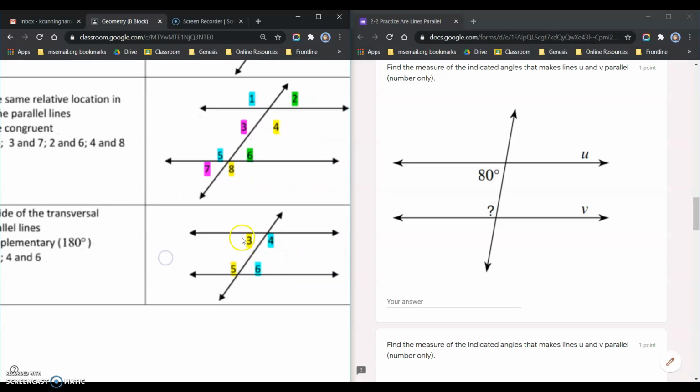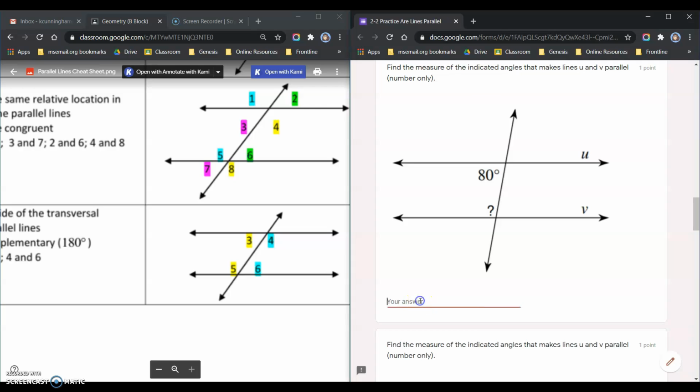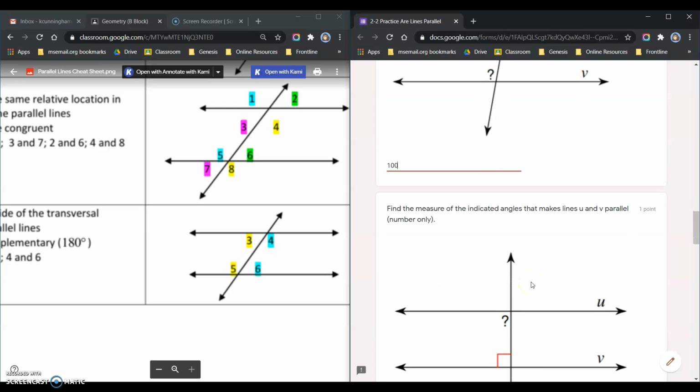That's telling us that whatever's in the spot of the 3 plus whatever's in the spot of the 5 is equal to 180 degrees. So if I have 80 in the spot of the 3, whatever's in the spot of the 5 has to add with 80 to give me 180 degrees. Off the top of my head, I know that 100 plus 80 is going to give me 180 degrees. That's how I find that question mark.